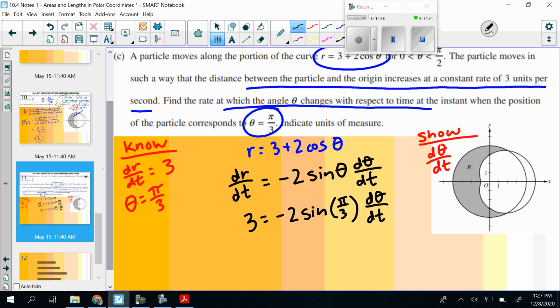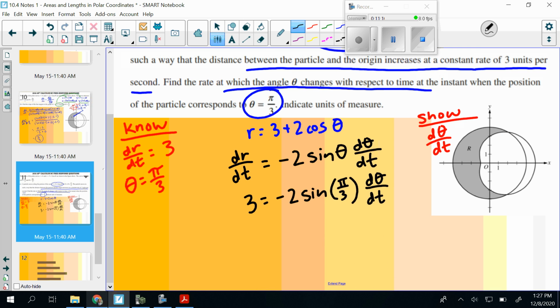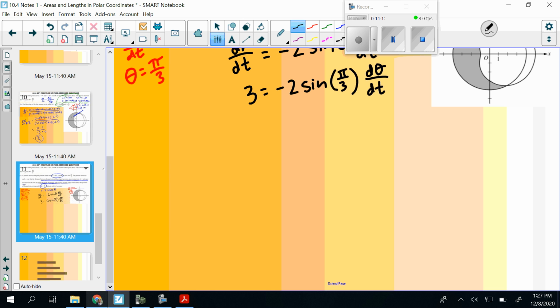That sine of pi over 3 you are going to have to be able to evaluate without a calculator. If you're not sure, you could change this pi over 3 to degrees. If you don't remember what that is in degrees, 180 divided by 3 is 60 degrees. So if you've got a 60-degree triangle in the unit circle where this is 1, what's the other side?